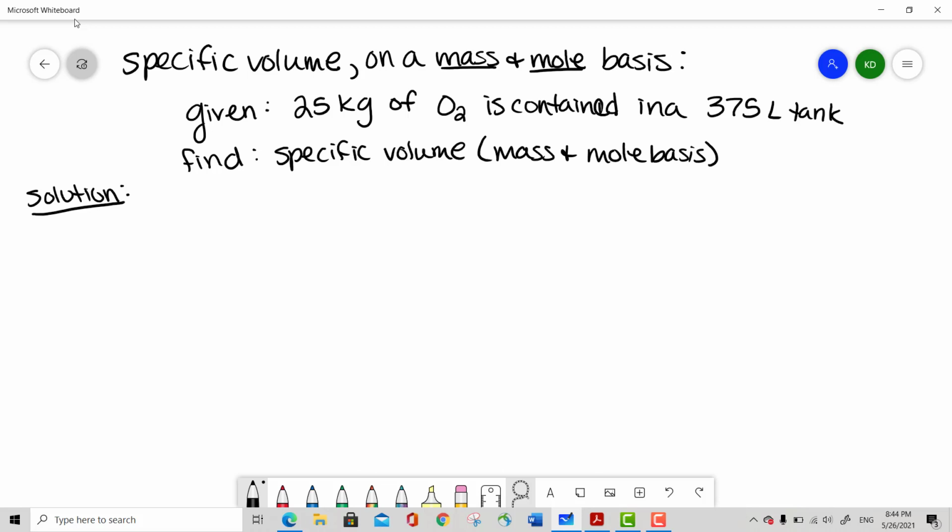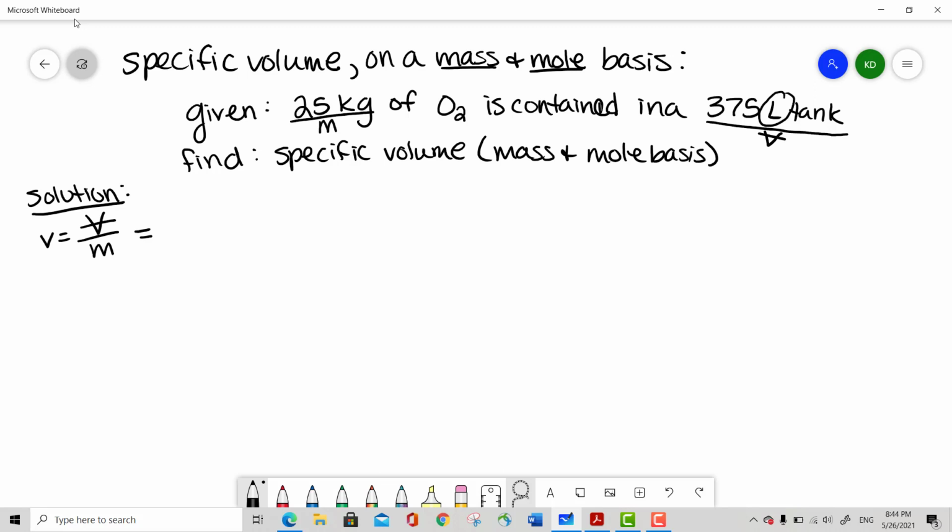Okay, so we know that specific volume is total volume over mass. So right here, we're given 375, which is our volume. And then this is our mass. So that's mass, and that's our volume. But they're not in homogeneous units, right?